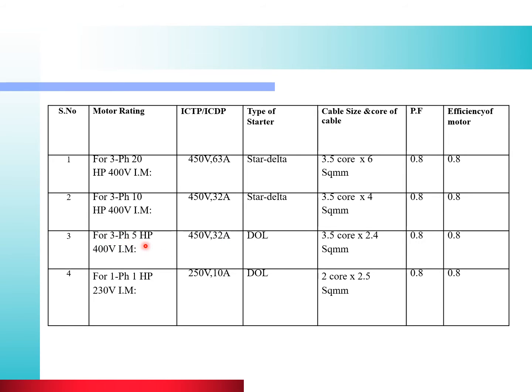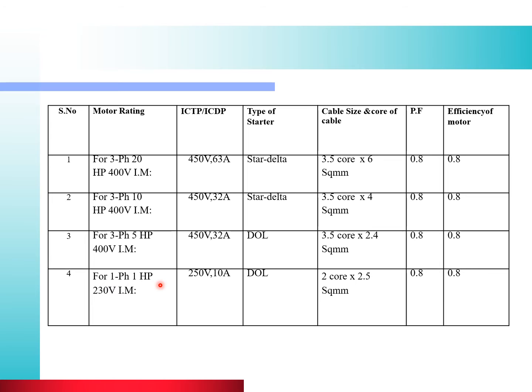Then for the 3 phase 5 horsepower 400 volt induction motor, a 450 volt 32 ampere switch is required. Type of starter is DOL starter. Cable size and core of cable is 3.5 core, 2.5 square mm cable is required. Power factor is 0.8, efficiency is 80%.